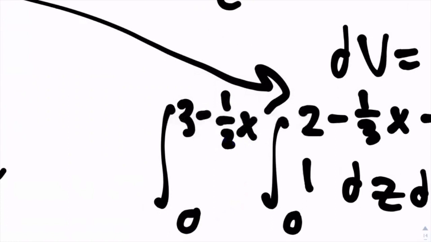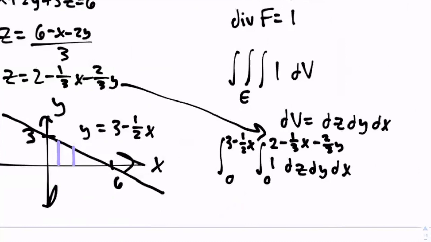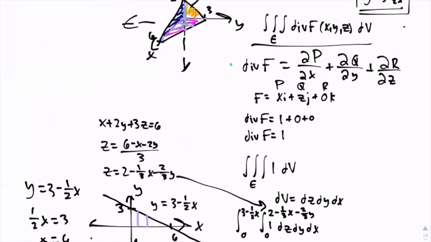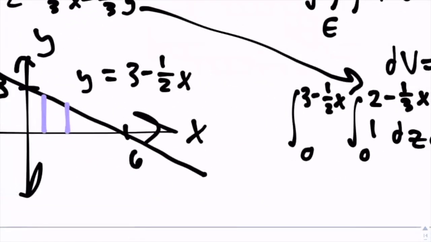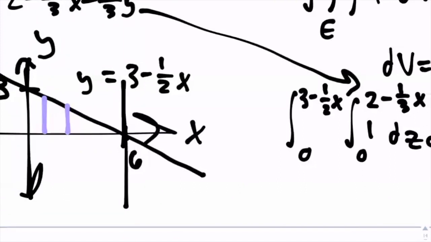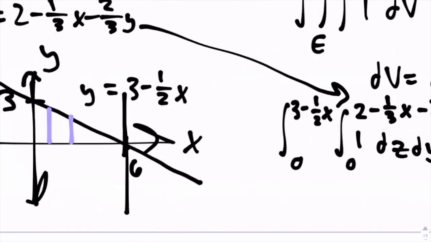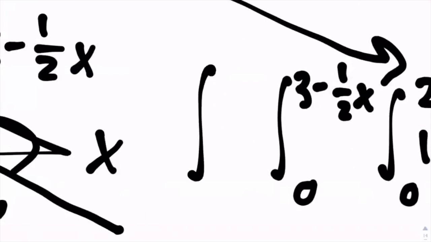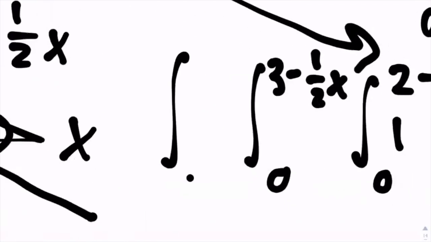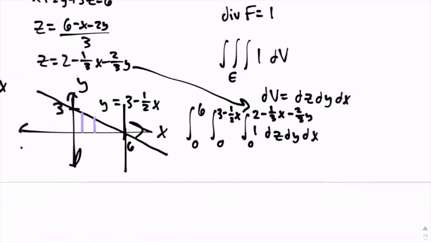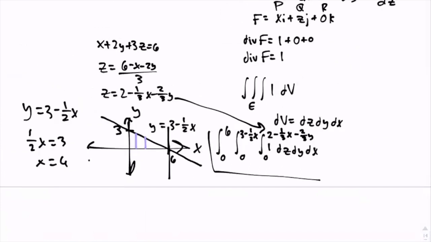Now going to the x bounds, the only thing we see here is that x is bounded by x equals 6 and x equals 0, which would be the y axis. So our bounds on x are 0 and 6. And from there, we see that we have an integral which we can calculate.